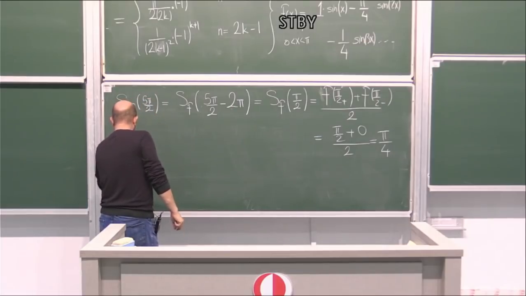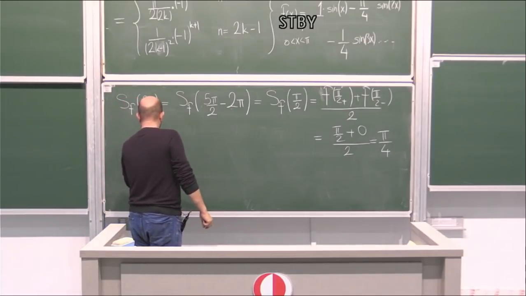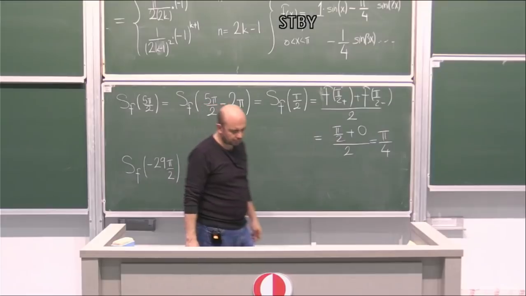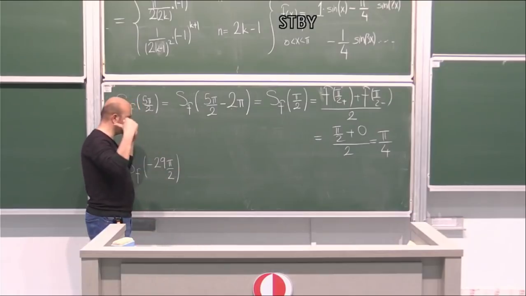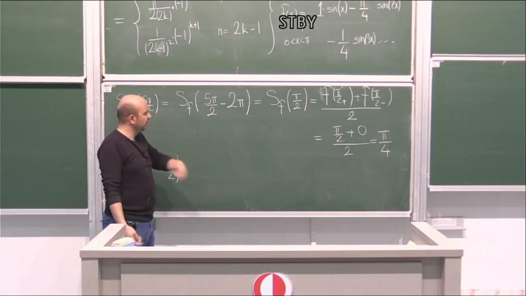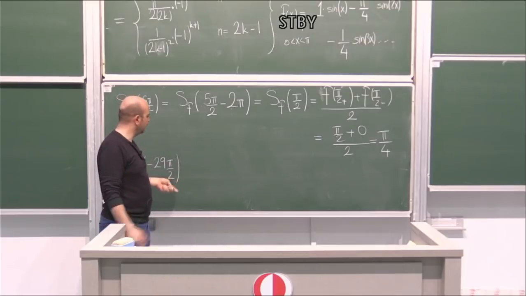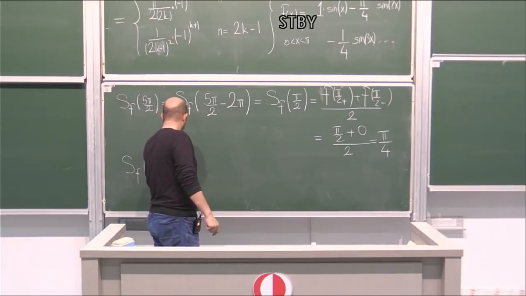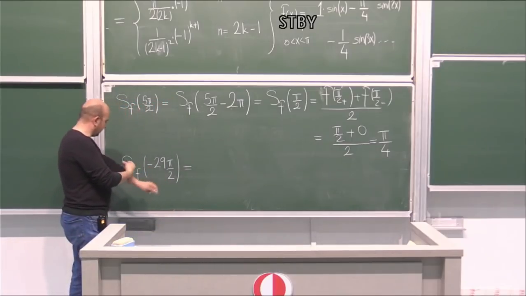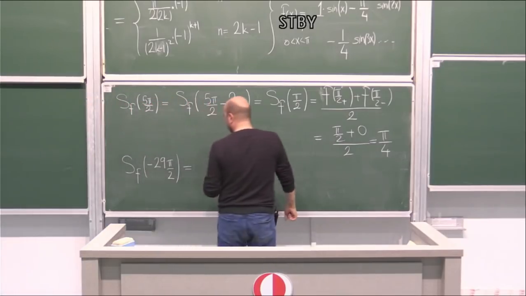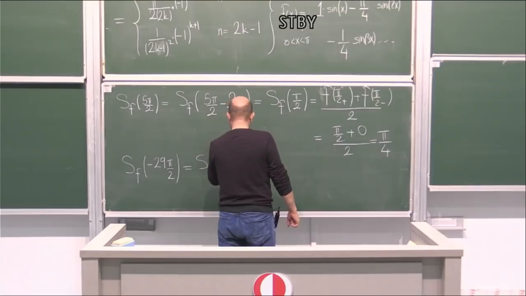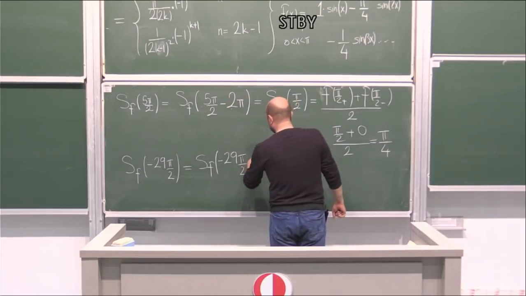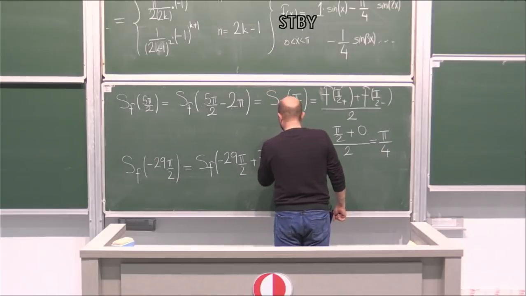So for the other one, minus 29 pi over 2. Now this is on the left side, you can just add multiples of 2 pi, so you can put it in the interval. So this is like 14.5. So if I add 14 pi, how do I add it? I add 7 times 2 pi.